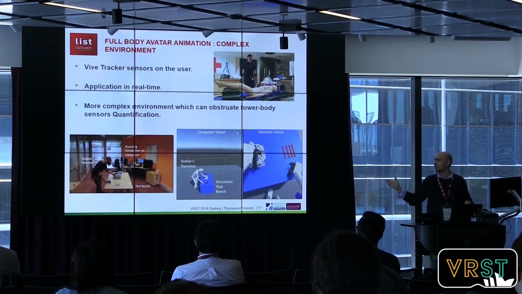The different kinds of application are a worker with a tool bench manipulating some tools, or a firefighter applying some first aid to a mannequin. And all this information will later be studied and evaluated by doctors or medicine or ergonomics studies.